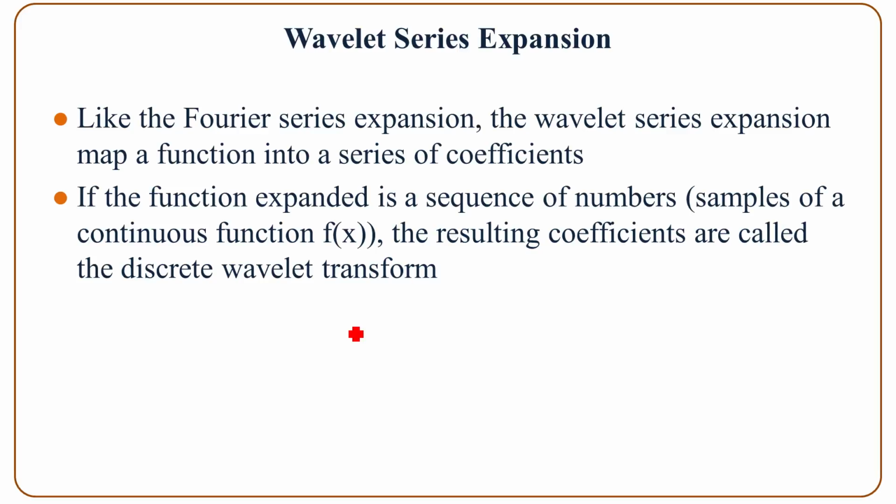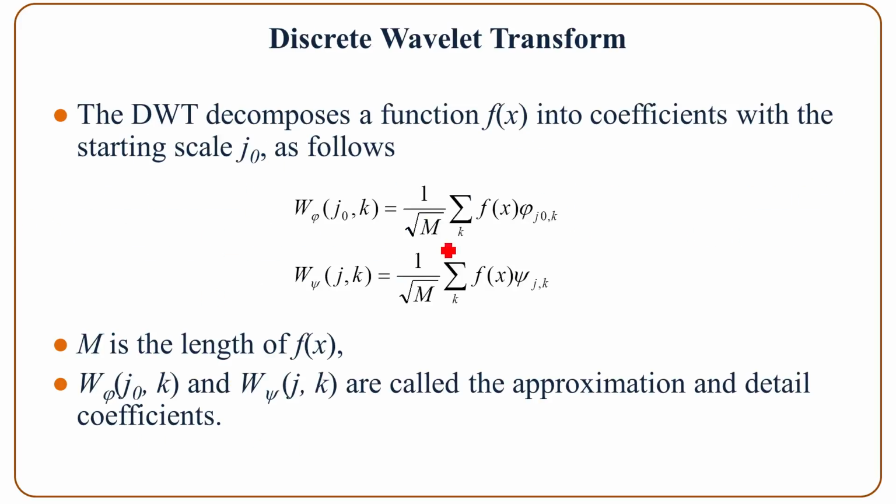And like the Fourier series expansion, the wavelet series expansion maps a function into a series of coefficients. And if the function expanded is a sequence of numbers, then the result is called the discrete wavelet transform. This is a discrete wavelet transform.